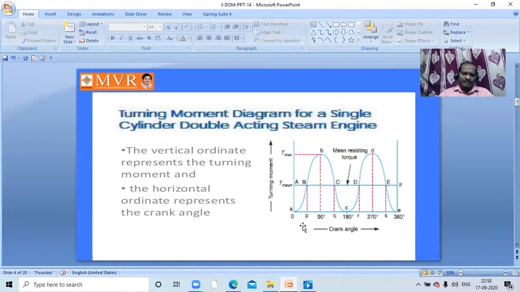That means it completes the suction stroke, the compression stroke, and the exhaust stroke. These three strokes are run by the power stroke only. So that's why at the top position, that means between TDC and the top position of the piston, we are going to have a high amount of torque. At bottom dead center, we are going to have 0. So this is how the turning moment diagram will be.